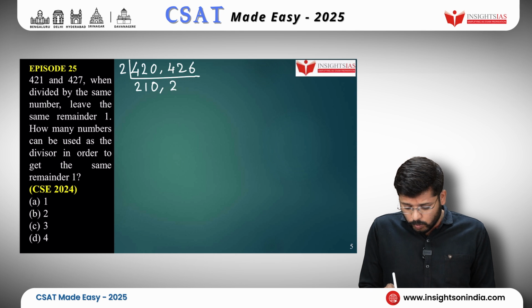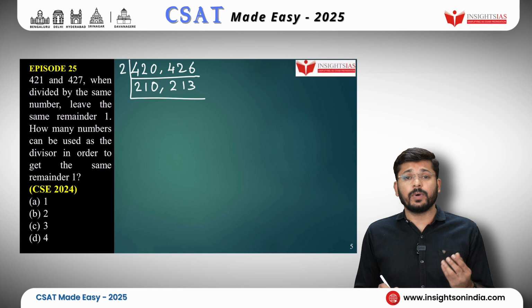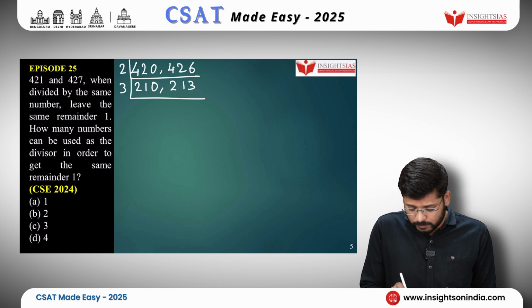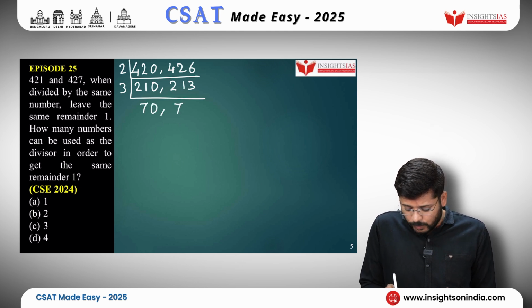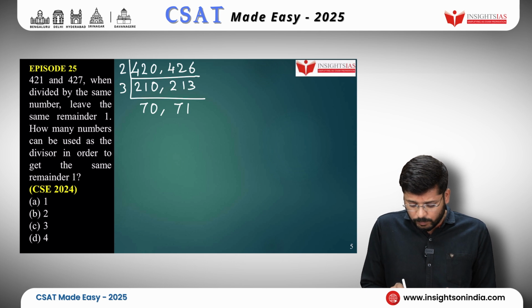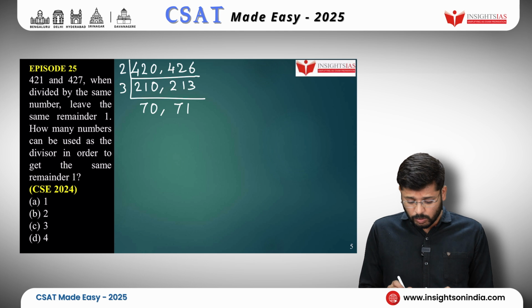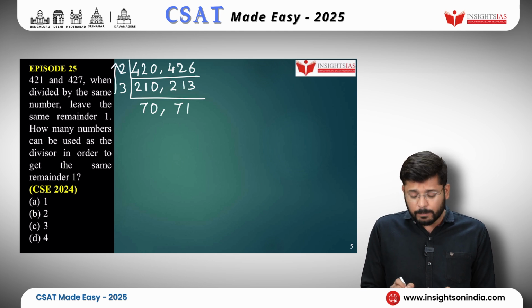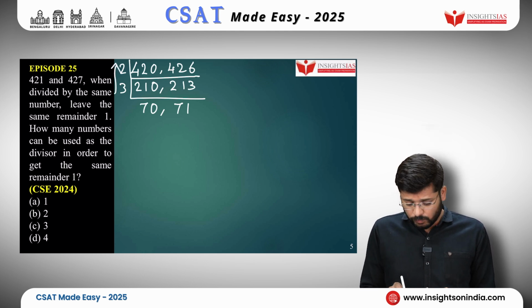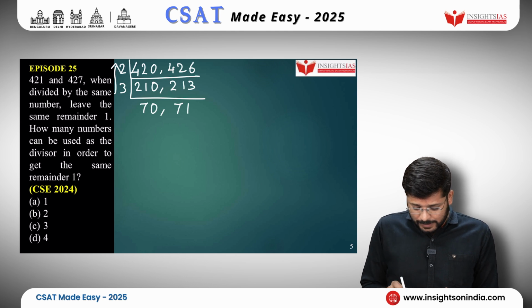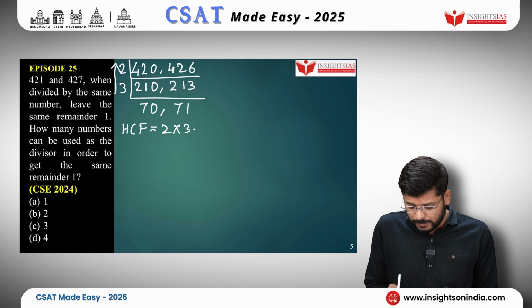Similarly, 2 into 213 is 426. Now, do we have a common divisor for 210 and 213? Yes, both are divisible by 3. 3 sevens are 21, 0. Then 3 sevens are 21, and 1. So now 70 and 71 do not have any common divisor. So what is our HCF? We will just multiply the divisors that we made use of. In this case, our HCF would be 2 into 3, that is 6.